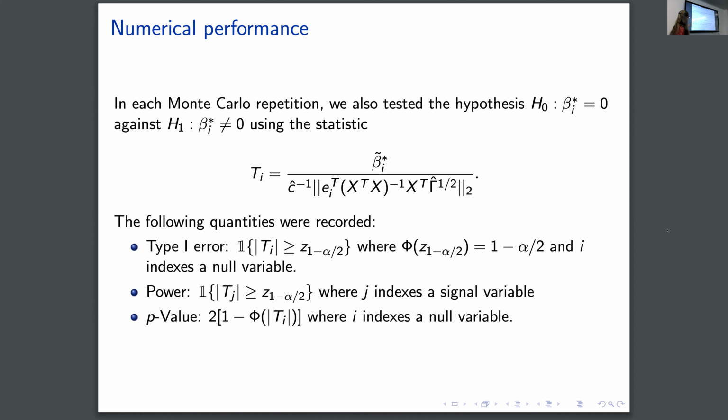The only reason I use I and J is because J is signal, I is null. So we just use the asymptotic normal distribution of T_i to decide whether to accept or reject, and then look at type 1 error, power, and p-values.